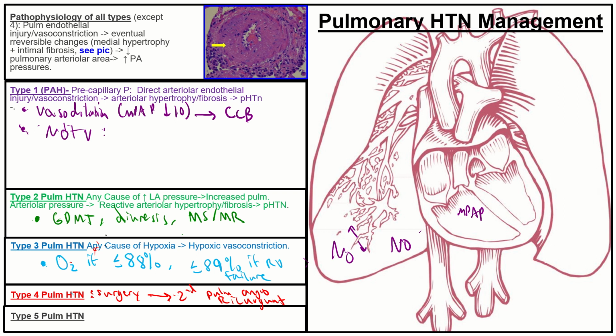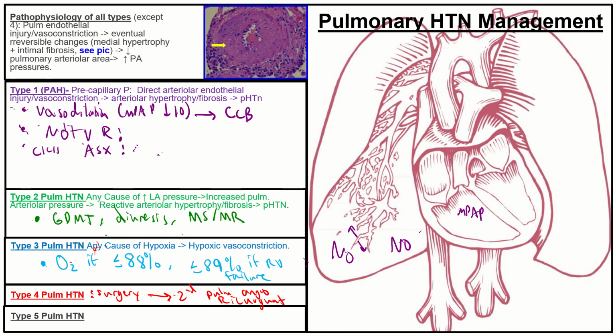If the patients are not vasoreactive, I'll just put VR here, then it depends on how symptomatic the patient is. If asymptomatic, class 1, you'll do a monotherapy of an oral.